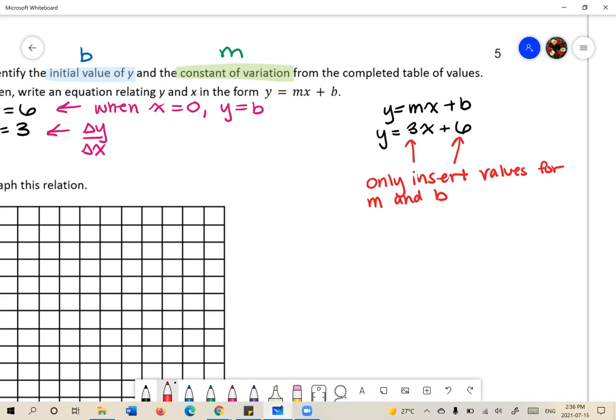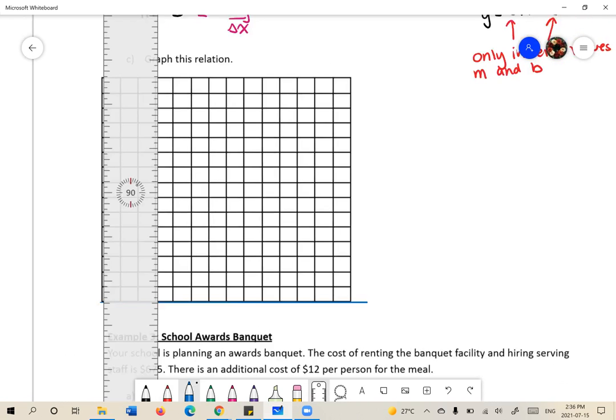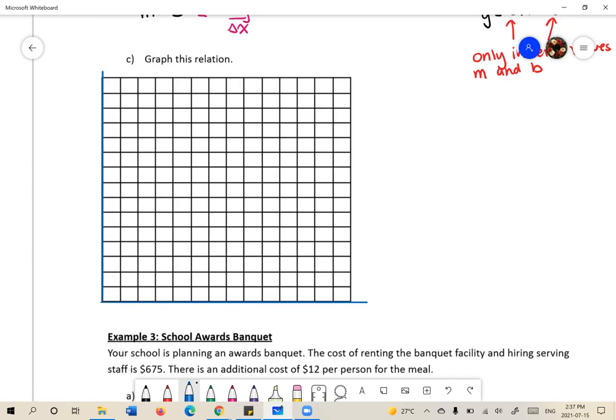And finally, it's asking us to graph the relation. Starting with my x and y axes, and numbering my axes.